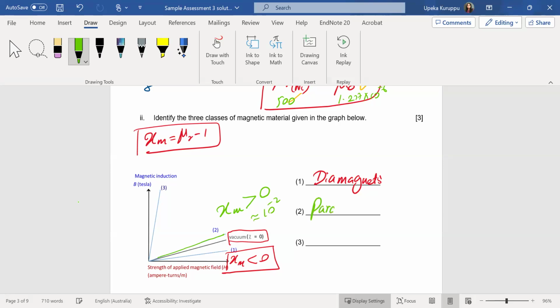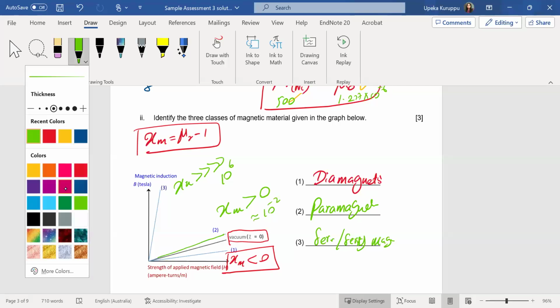Paramagnets. When your magnetic susceptibility is too high, maybe on the order of 10 to the 6, what do we call them? Ferri, isn't it? Okay.